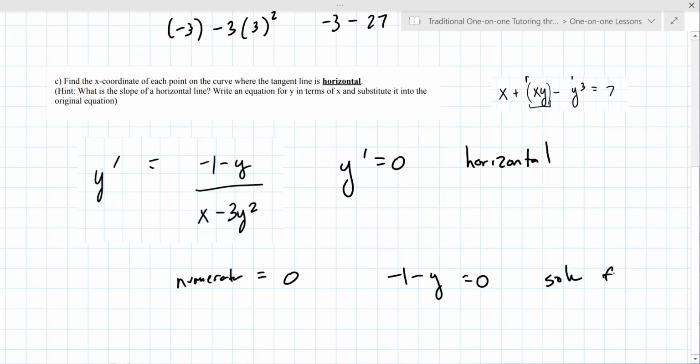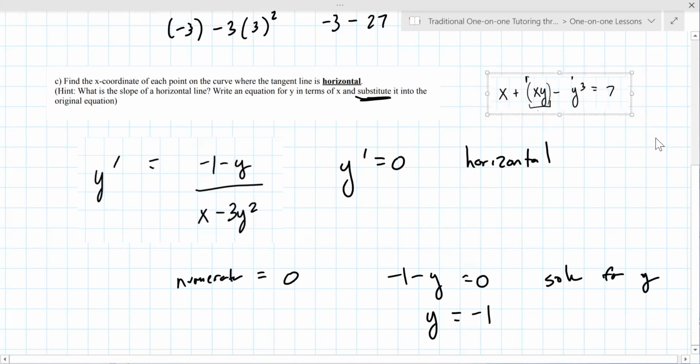So it's -1 minus y equal to 0. Solve for y. Now in the previous one we solved for y and it was in terms of x. So this one's still y equals -1. You could get a value, it could be y equals -x or y equals 1, but the key thing is to substitute it back into the original. Actually, this is going to be a bad example because it's not going to work out nicely.